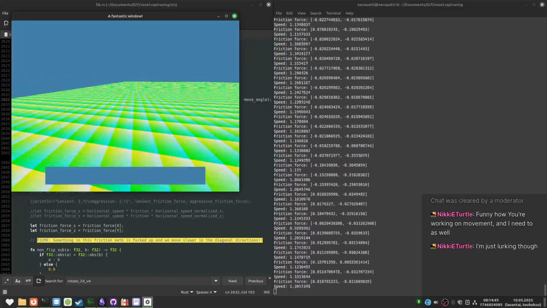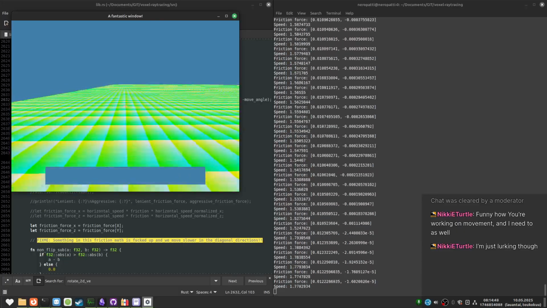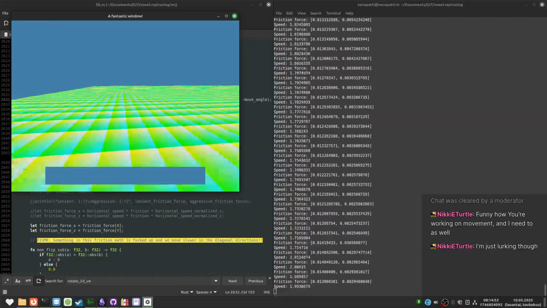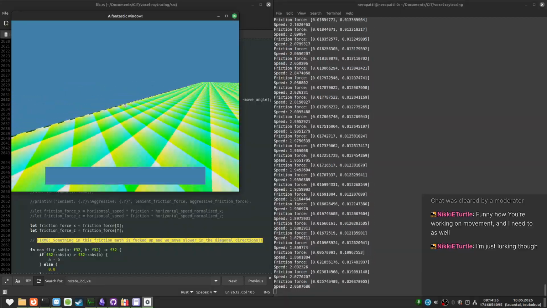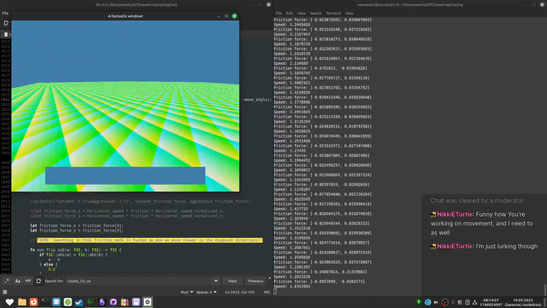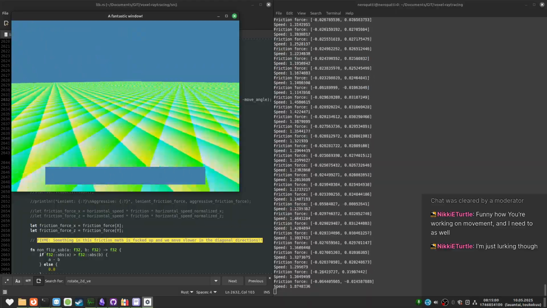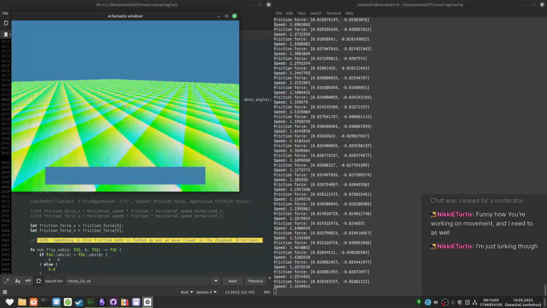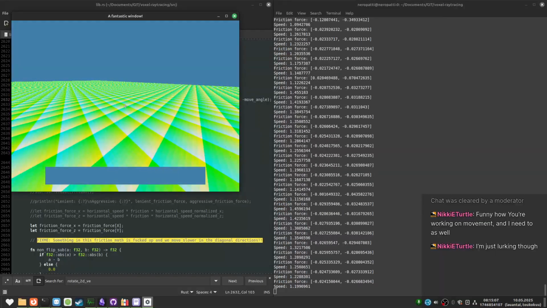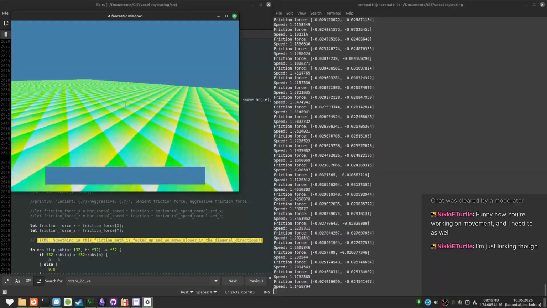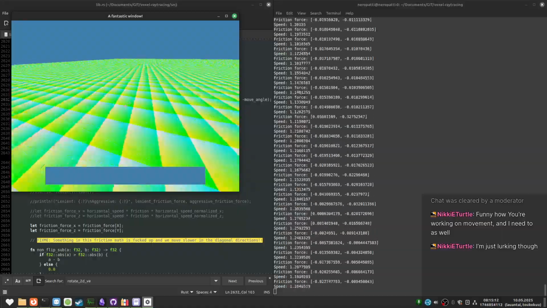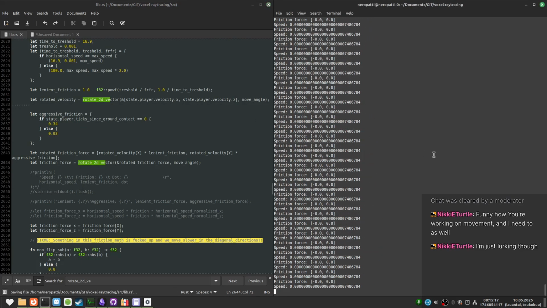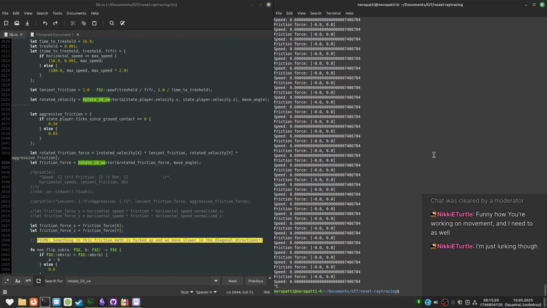Okay. Feels normal. But still restrains our movement. Wait, the friction is now also more aggressive on the diagonals. I can't gain speed. That's interesting. What is going on?